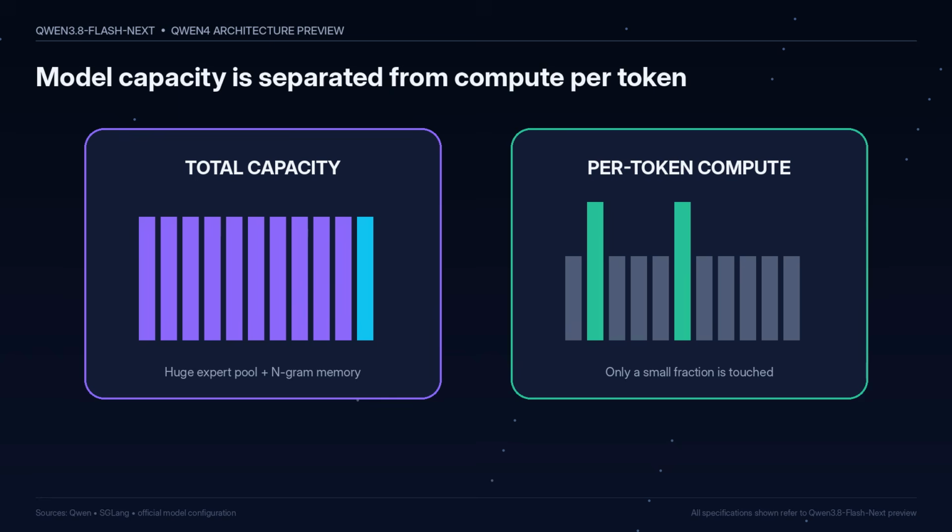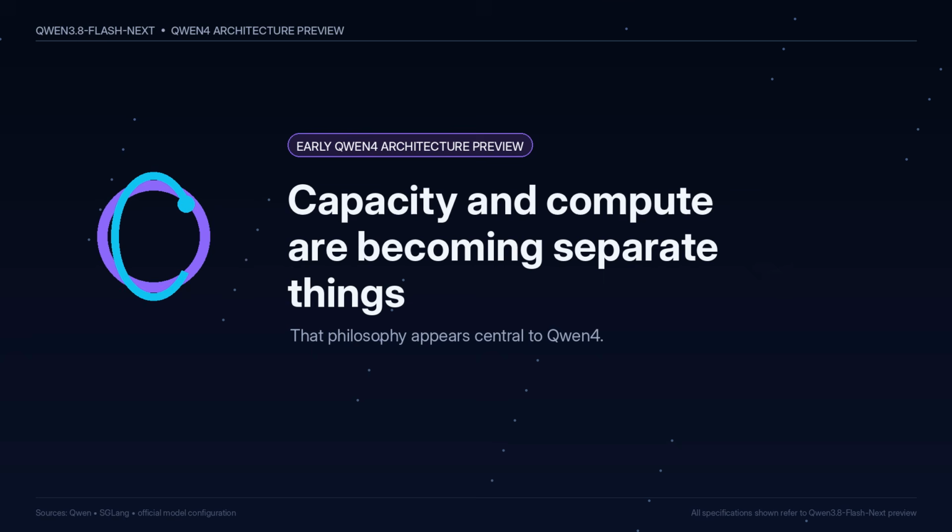This is important because Qwen has essentially separated model capacity from compute per token. You can have a very large expert pool, a huge n-gram memory, a large overall parameter count, while only touching a small fraction of the network for each generated token. That philosophy looks central to Qwen4.